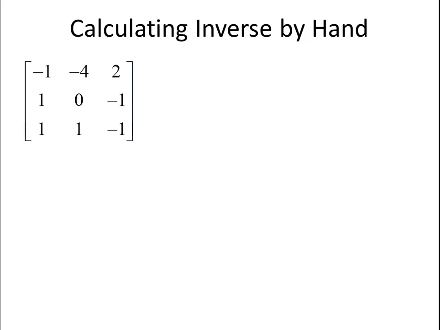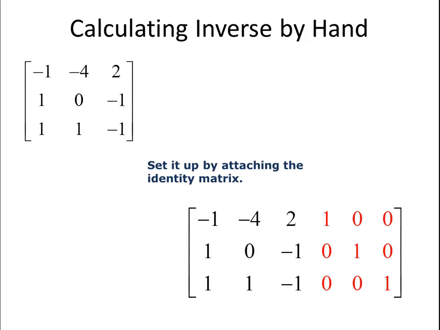Okay, so now let's do this. One of the first steps is to set up the situation by attaching the identity matrix. I start with the matrix we're playing with, D, and then I'm just going to expand out this matrix and add on the identity matrix. Because again, an inverse and a matrix will basically multiply to make this identity matrix.